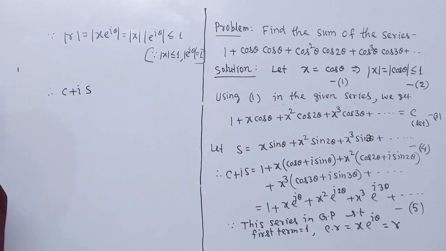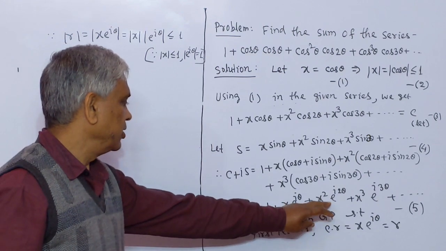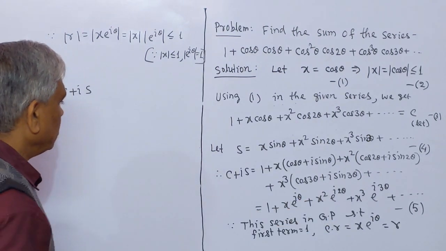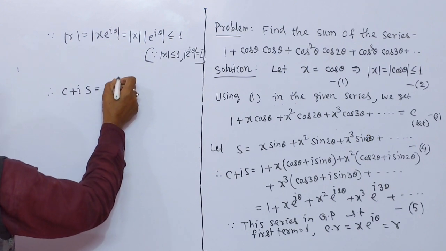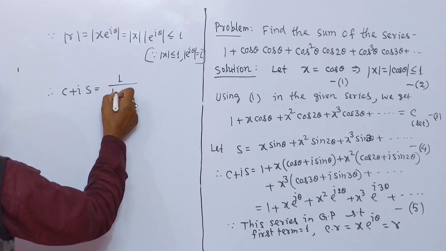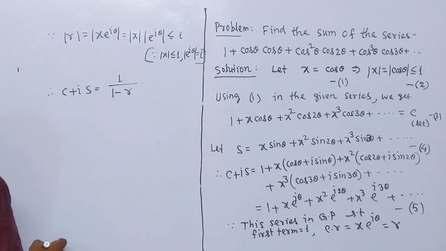Therefore, C plus iS, this is an infinite series. So the sum will be first term by 1 minus r.